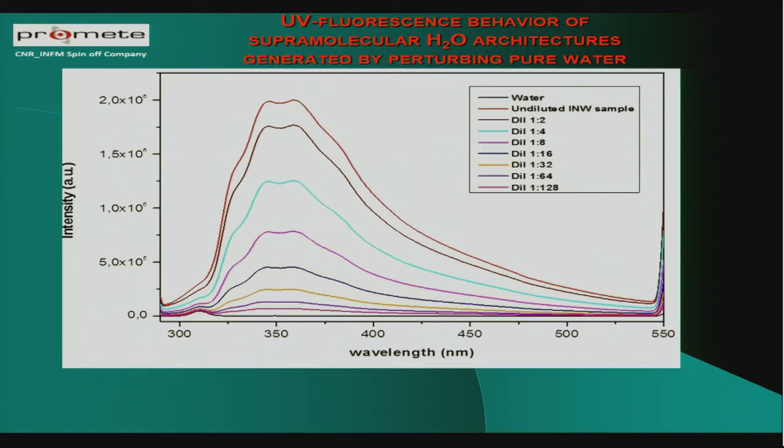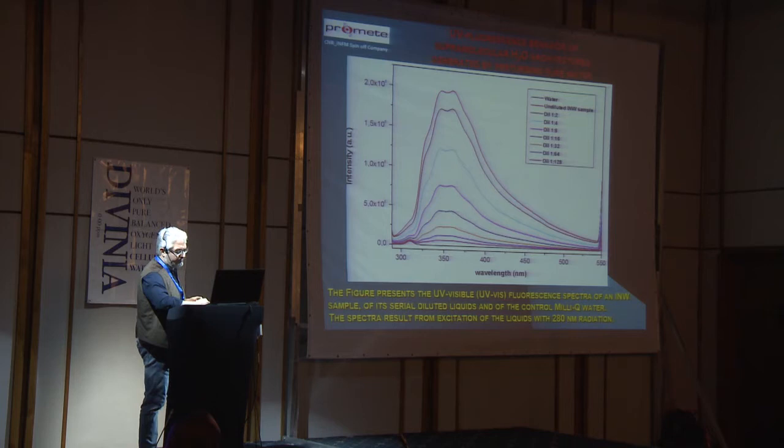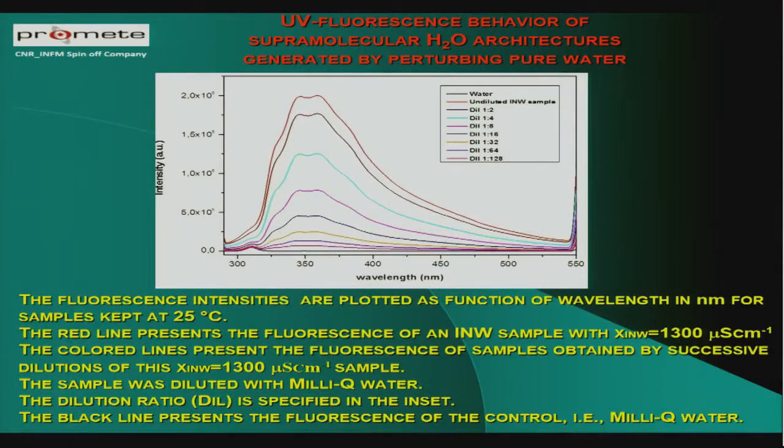These are the UV fluorescence spectra that are showing that at different concentration, the intensity is diminishing. So it is behaving like a solute. Okay, this is the same idea.